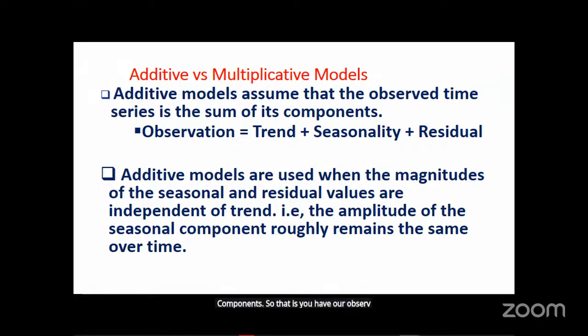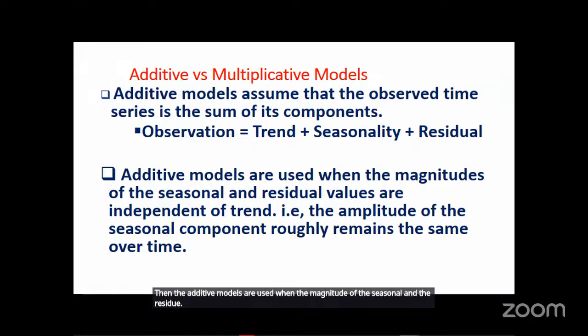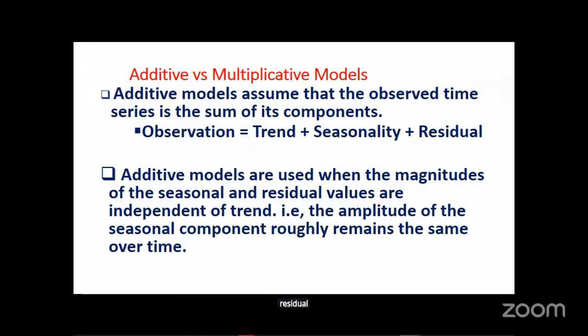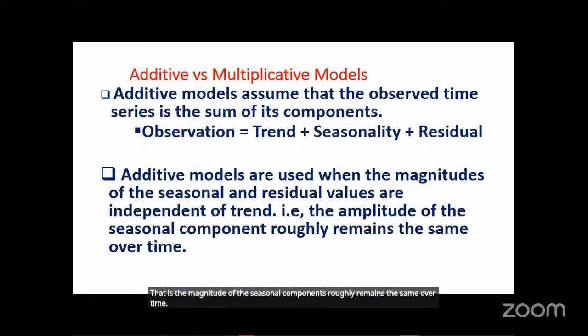That is, our observation, the original time series itself, is equal to trend plus seasonality plus the residual. Additive models are used when the magnitude of the seasonal and the residual values are independent of trend. That is, the magnitude of the seasonal component roughly remains the same over time.